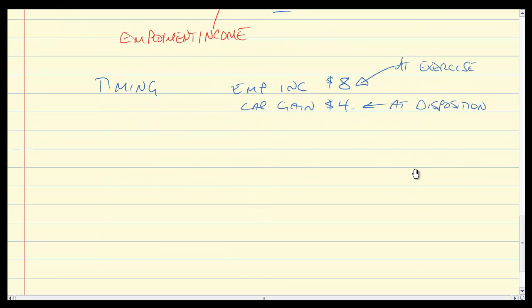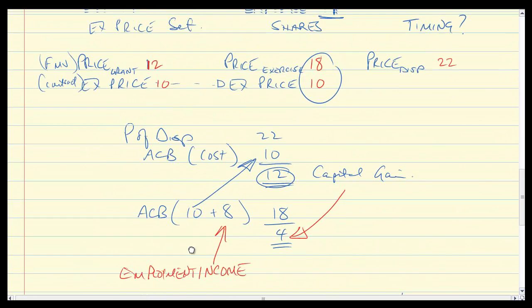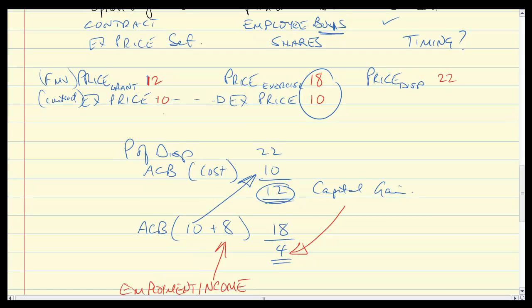Okay, so there are two main exceptions to this. There used to be more, but this area is actually changing as we speak. So it's kind of a hot topic. One, if the price at grant had been less than or equal to the X price. So back here they weren't. An example I used, 12 is bigger than 10.